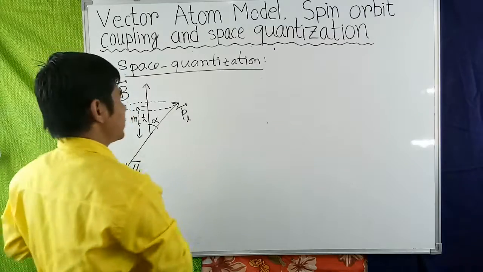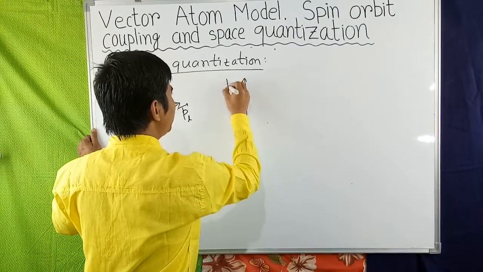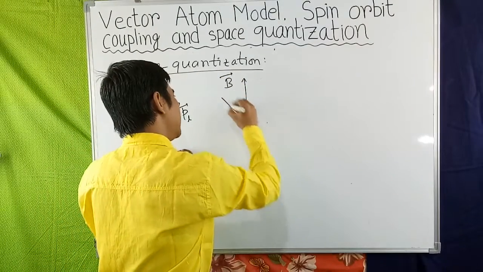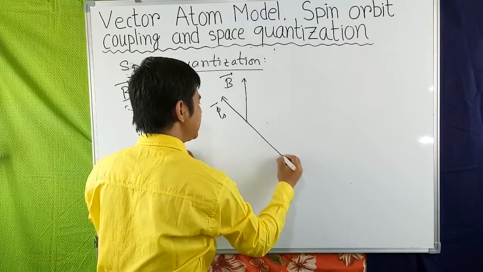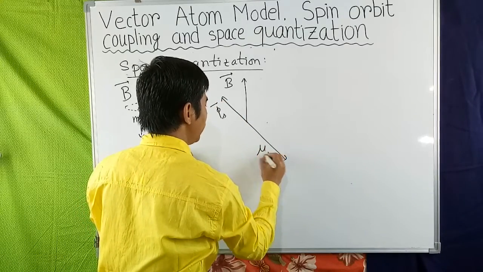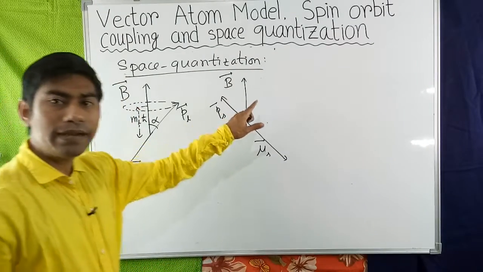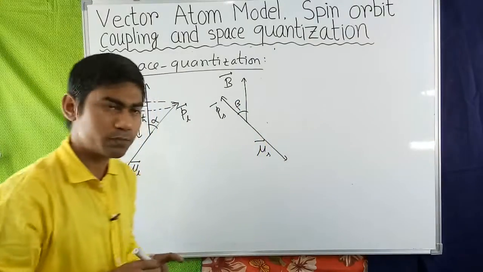Now suppose this is the magnetic field B and this is the PS vector and this is the mu S vector. The angle between the PS vector and B vector is beta, so this angle is beta.